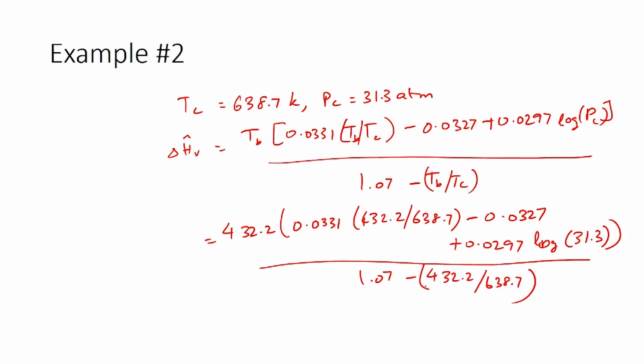Solving this equation, you would get delta H cap V as 37.49 kilojoules per mole. So, for this particular case, we find that Trouton's rule is more accurate than Chen's equation.